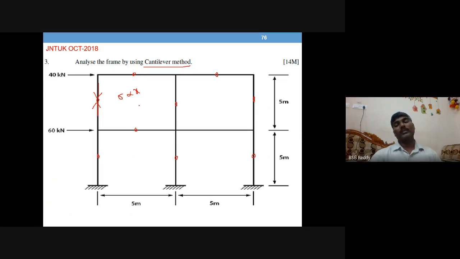Distance from what? Distance from the CG of all the columns. So you apply that and complete step one. Then step two, step three, step four, then step five. This is how it flows.